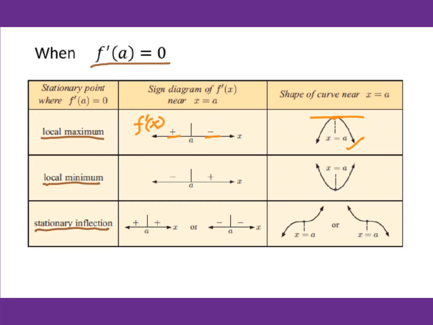For a local minimum, let's draw a tangent line. You could say this is a horizontal line, meaning the slope equals 0.